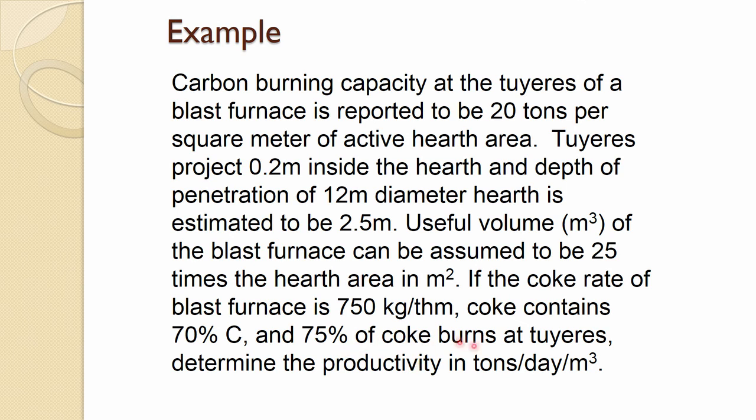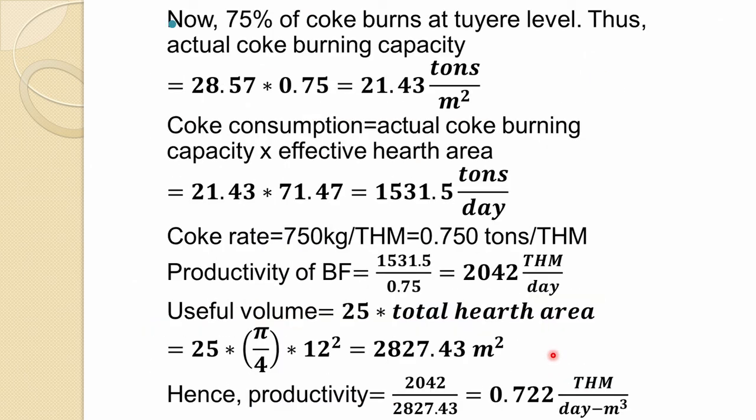But what is asked is to determine the productivity in tons per day per meter cube. So, this is in ton hot metal per day. Now, with the useful volume, if we divide by it we can get that. The useful volume is mentioned as 25 times the total hearth area.